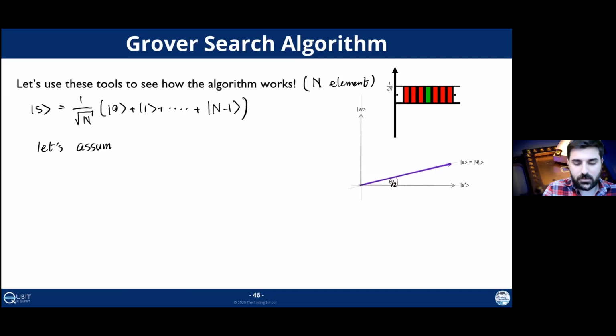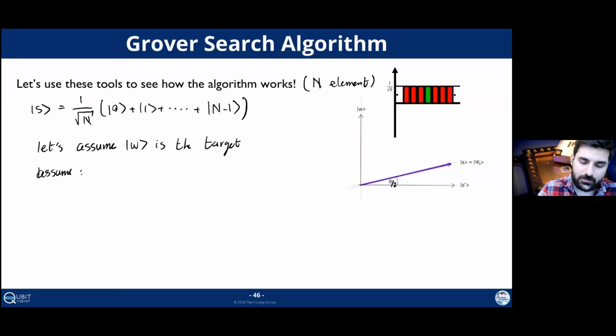Again, in this case, I'm assuming only one winner, but of course you can generalize this to multiple targets. Let's assume that W is the target, and then let's also assume that everything else is the junk that we're not looking for.